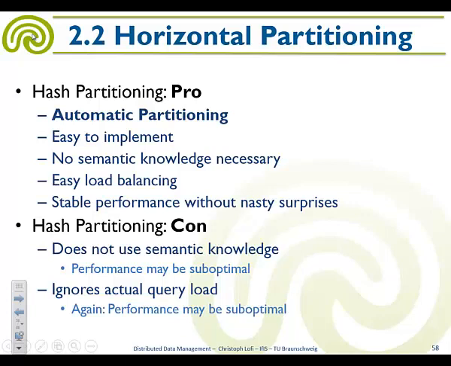Yeah, hash partitioning. Hash partitioning is a very powerful technique, which is very popular. Advantages: it works automatically. You don't need any design terminology. You don't have to think about it. It's super easy to implement. You basically can ignore any kind of semantic knowledge. In quite a lot of cases, it will result in a natural type of load balancing, at least in theory.